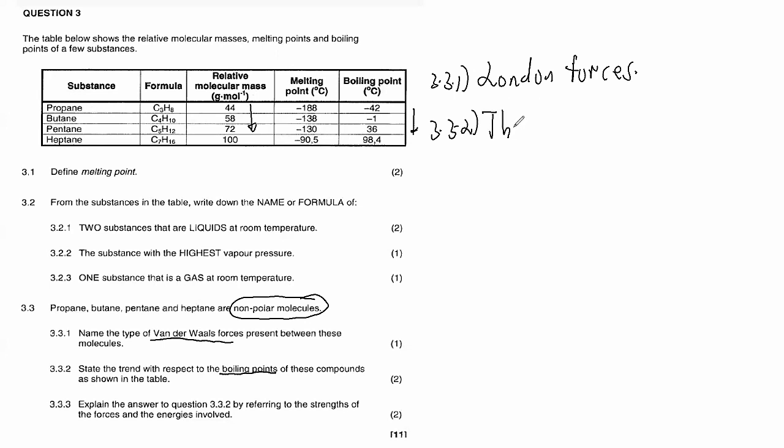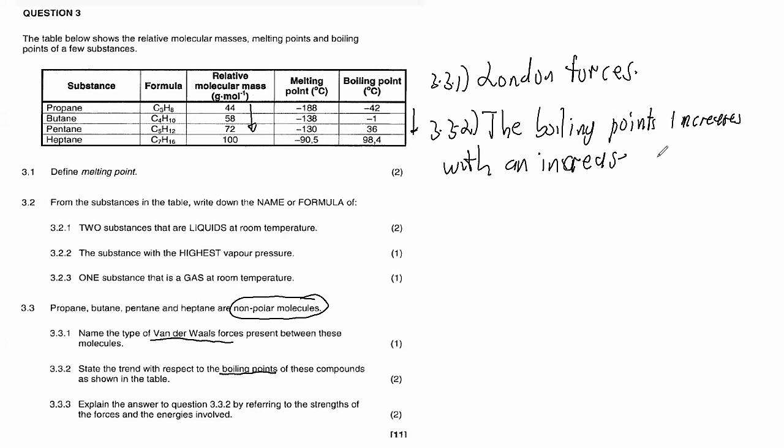The boiling point increases with an increase in molecular mass. So that's the trend that we observe here. The boiling point increases with an increase in molecular mass. So as much as we are increasing in molecular mass, also the boiling point increases.